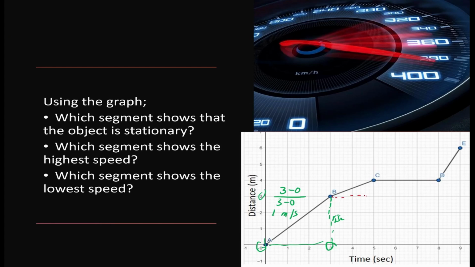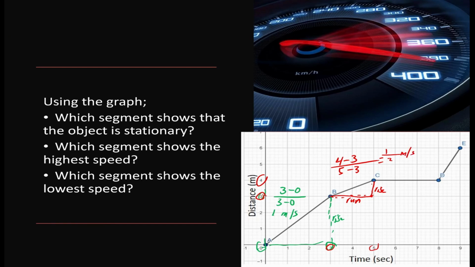In this one here, it is also rise over run. The rise is from 3 to 4. So it is 4 minus 3 over. The run is from 3 to 5. So it is 5 minus 3. 4 minus 3 is 1 over 5 minus 3 is 2. So it is half meter per second.